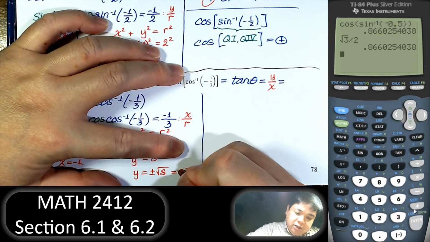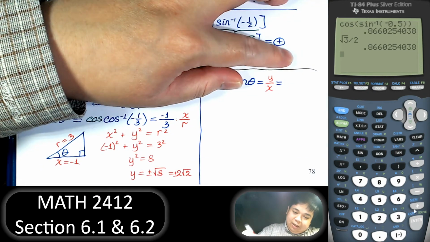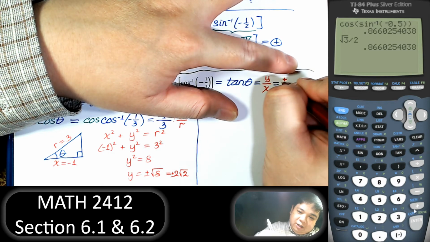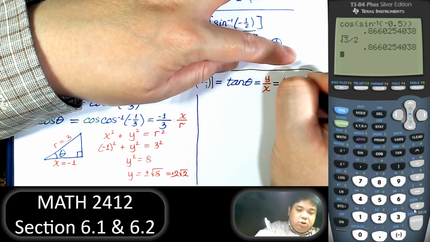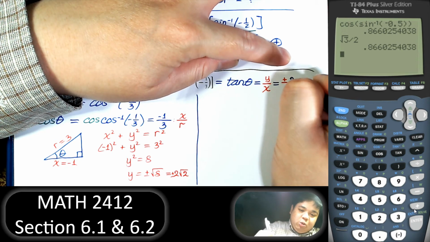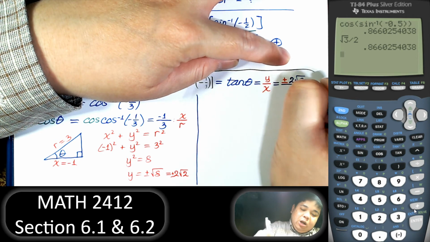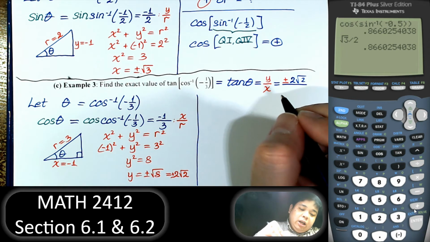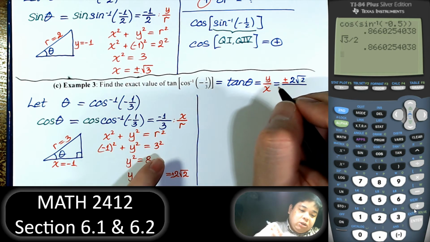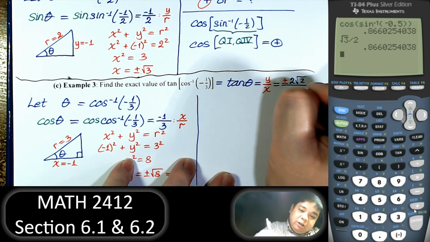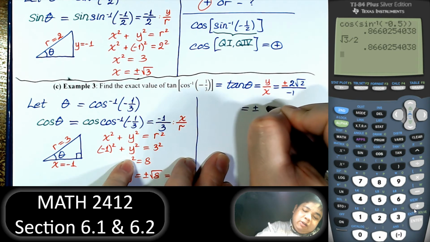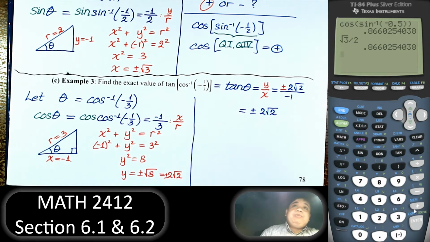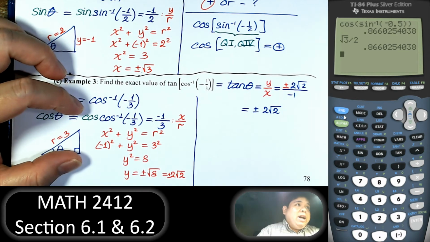It's plus or minus 2 square root of 2, or just square root of 8, over x, which is -1. So is the answer positive or negative 2 square root of 2? Well, let's see if the calculator knows that.